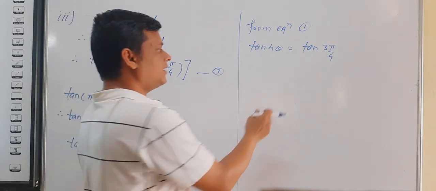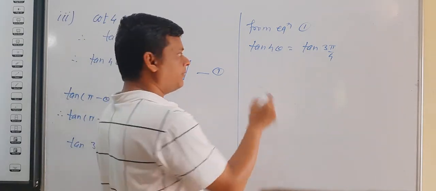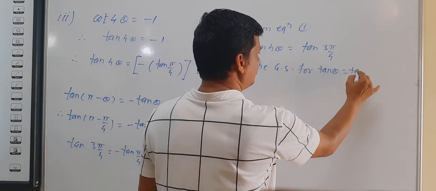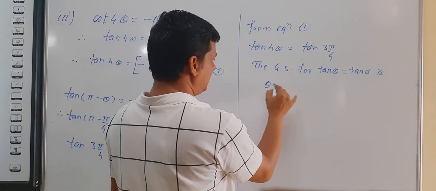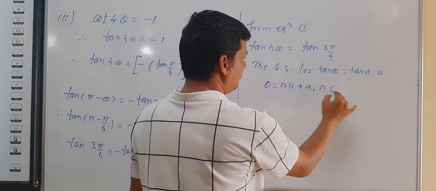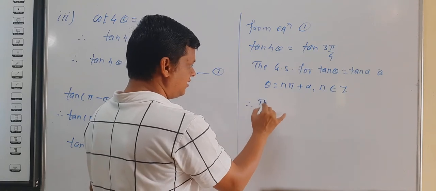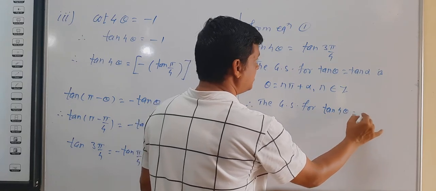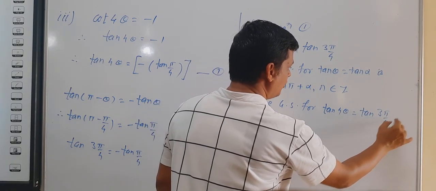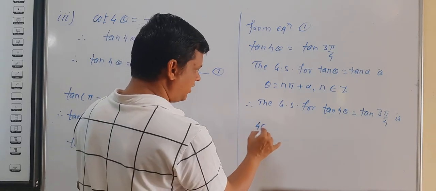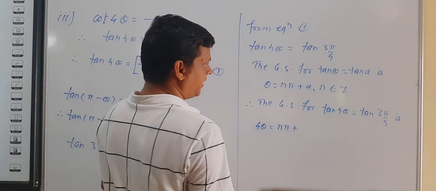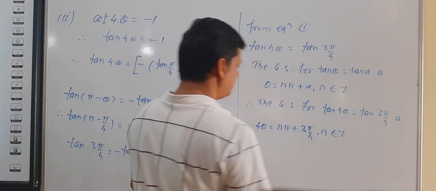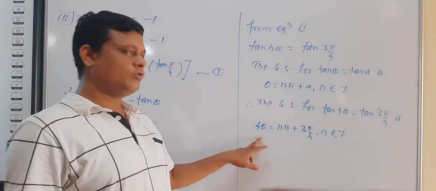So we have to apply the general solution for tan theta equals tan alpha. The general solution for tan theta equals tan alpha is theta equals n pi plus alpha, n belongs to Z. Therefore the general solution for tan 4 theta equals tan 3 pi by 4 is 4 theta equals n pi plus alpha. In place of alpha we write 3 pi by 4, n belongs to Z. Now we require the general solution for theta only.